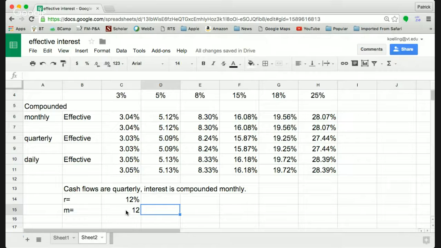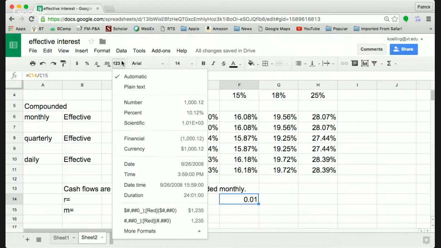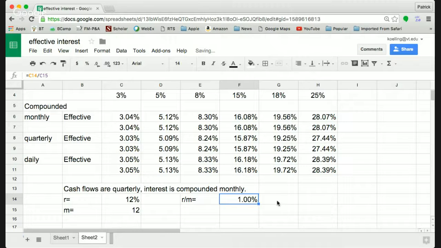So our R over M, or our interest per compounding period, R over M is equal to 1%. 1% per month. That's fine, but our cash flows are quarterly. So in order to solve our problems, we need to have a quarterly interest rate. How do we have a quarterly interest rate?